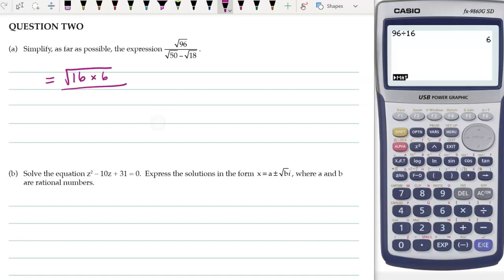Root 50, the square number that comes out of that is 25, so that can be 25 times 2. And then root 18, we can take a 9 out of that, like this. Okay, so root 16 is 4, root 25 is 5, and root 9 is 3.